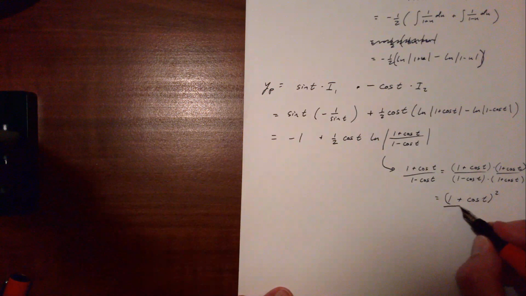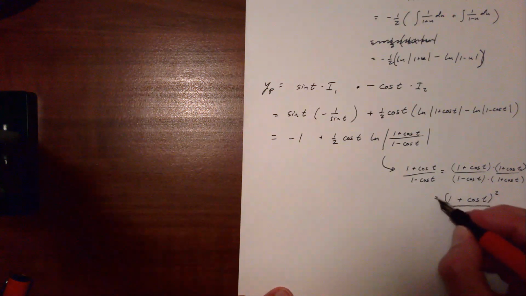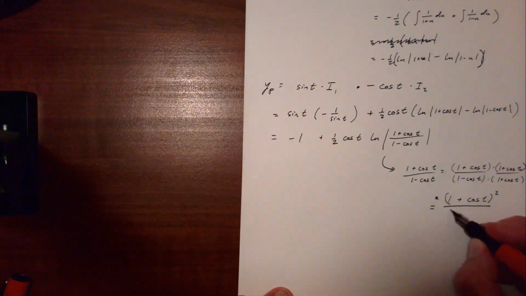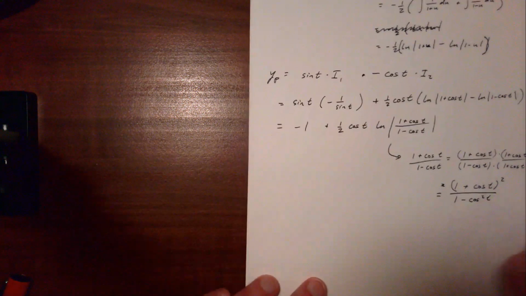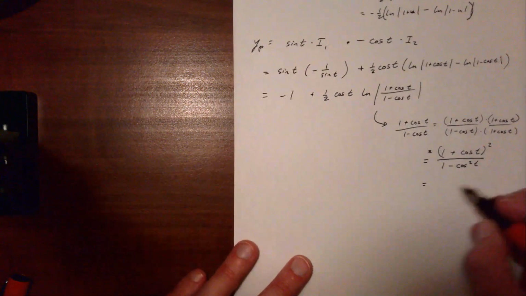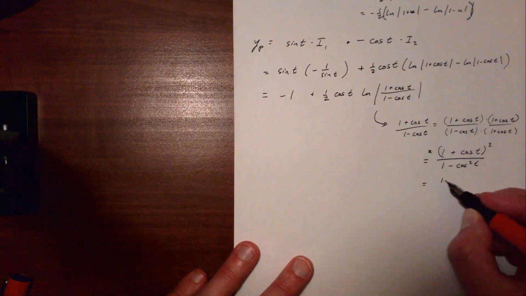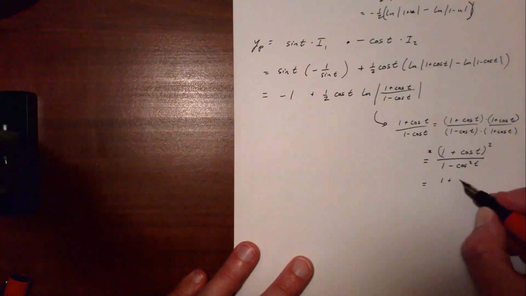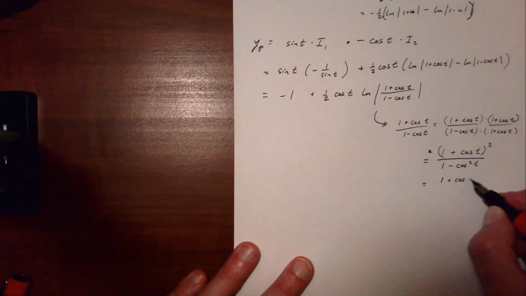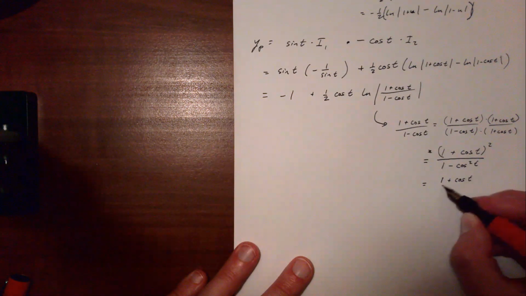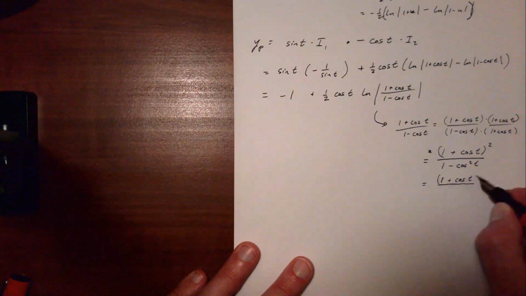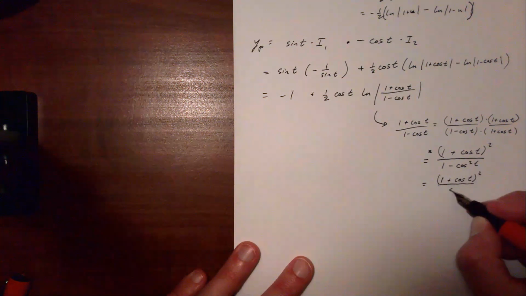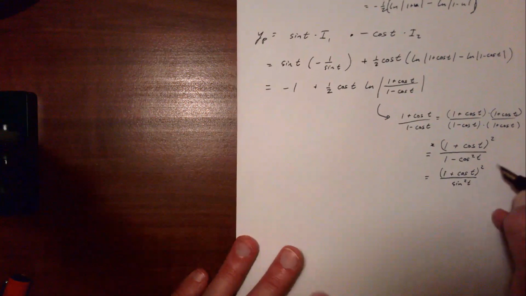And on the bottom, we'll have 1 minus cosine squared t, which by the same identity we used a second ago is the same as 1 plus cosine t squared over sine squared t.